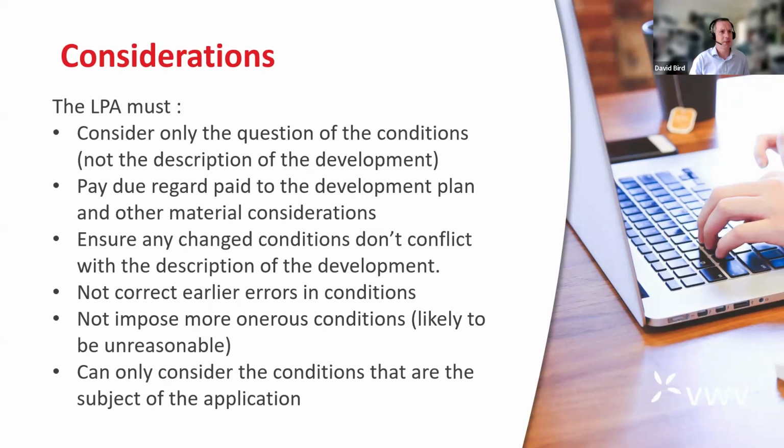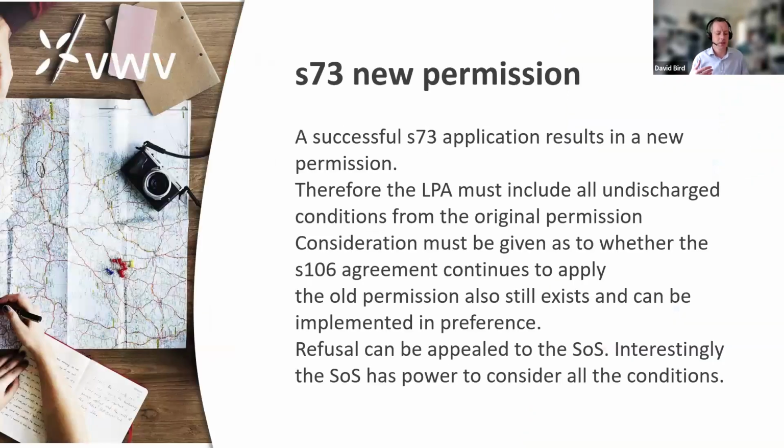So on the next slide, we can just see that a new, successful Section 73 application ends up with a new planning permission. That means the landowner, the applicant, can actually choose between the two planning applications. So they can still implement the first one. It still exists alongside.